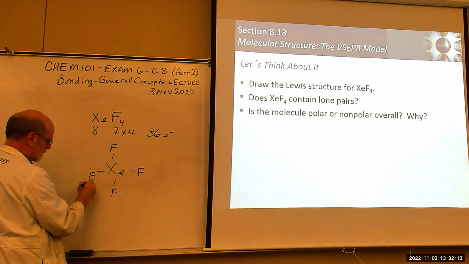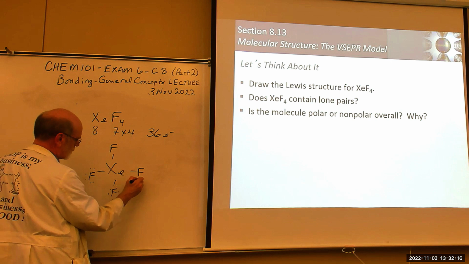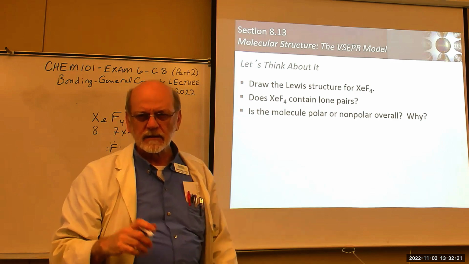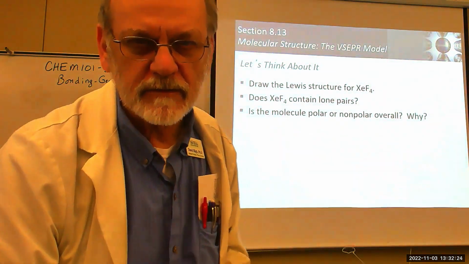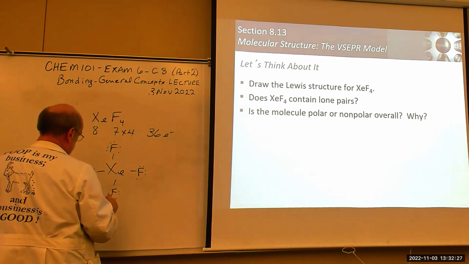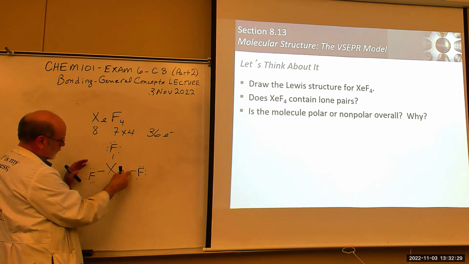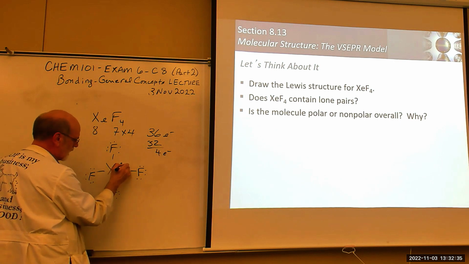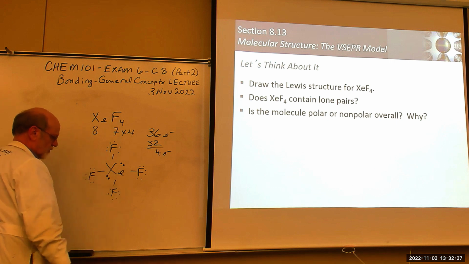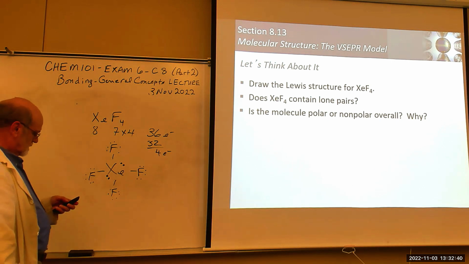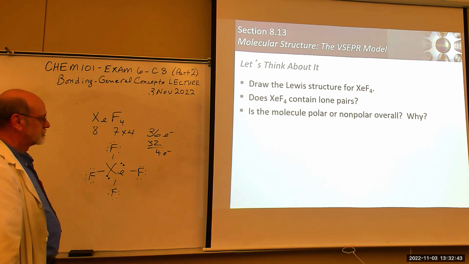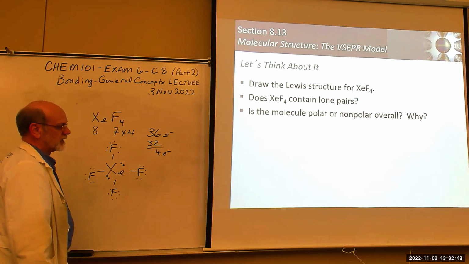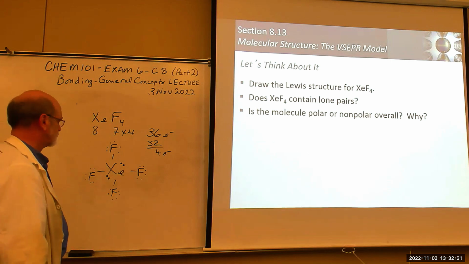If we give fluorine its octets, 4 times 8 is 32, so we have 4 electrons that need to be positioned. They go on the xenon, which is no problem, since it has d orbitals, plenty of room. So does xenon contain lone pairs? Yes, it contains 2. Is the molecule polar or non-polar overall?